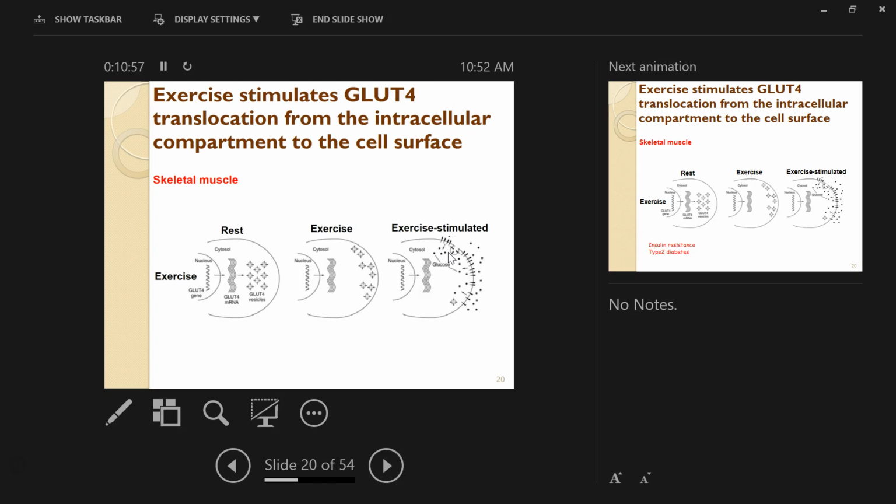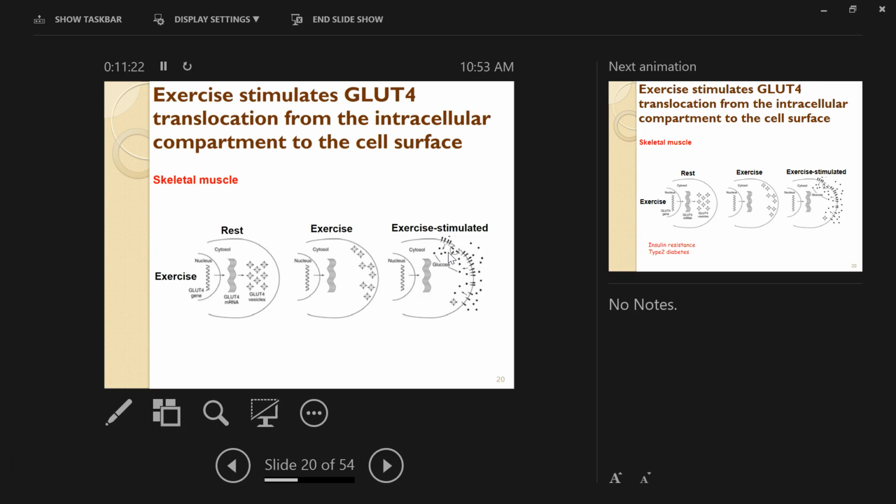But during exercise, GLUT4 can also be moved to the cell surface. But under this exercise condition, it's not insulin, right? Because insulin level is not that high during the exercise. So insulin is not the major regulator of GLUT4 movement to the cell surface in the skeletal muscle, but some other mechanism we're going to talk about later.